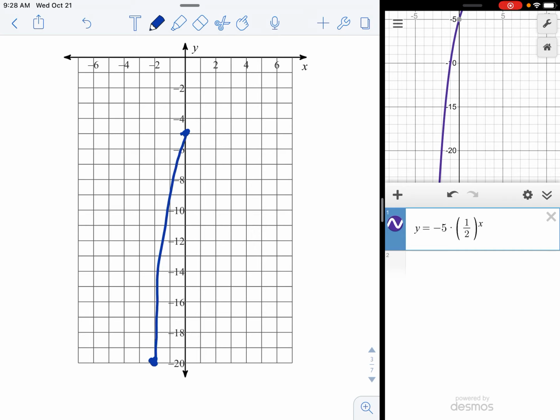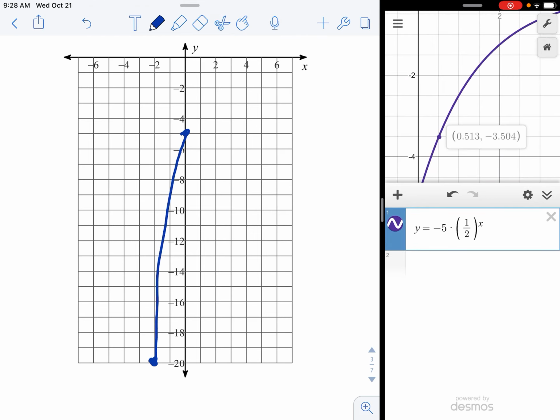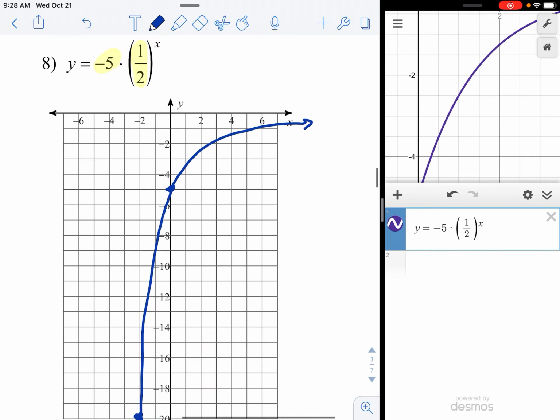So it's going to come here. And really nothing. What's that point right there? 0.5 comma 3.5. That's not very helpful. If you find an integer value, if something jumps out at you, go ahead and use it. I'm just going to say, nah, and draw my graph like that. Sometimes you just do it. Here's my asymptote.